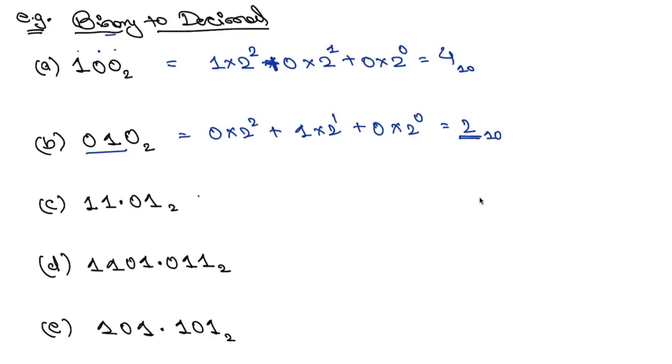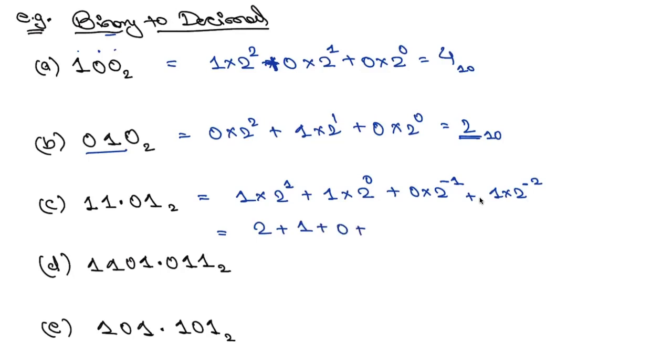1 0 you can write, or it is clear here, we are converting from binary to decimal. Okay, here 1 into 2 to the power 1 plus 1 into 2 to the power 0 plus 0 into 2 to the power minus 1 plus 1 into 2 to the power minus 2. कितना है देखो, it is 2, it is 1, it is 0, it is 1 by 4, that is 0.25.